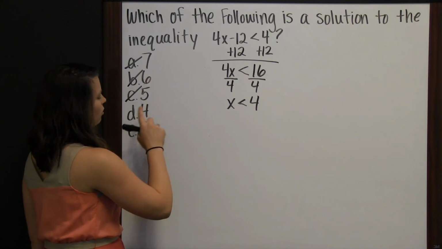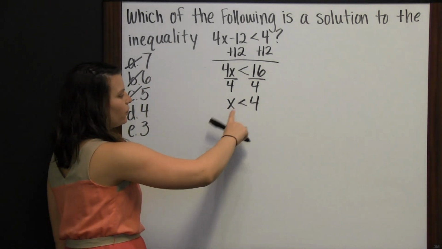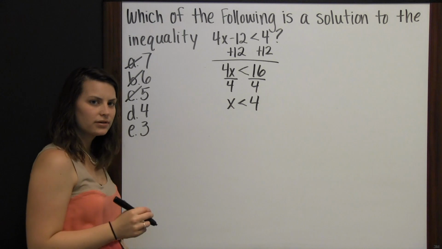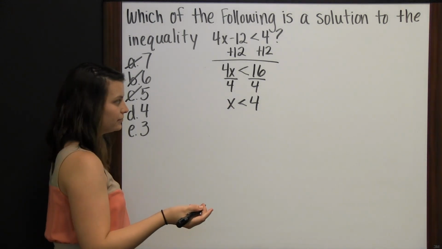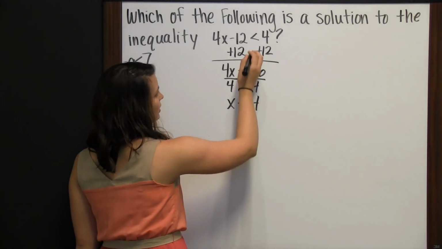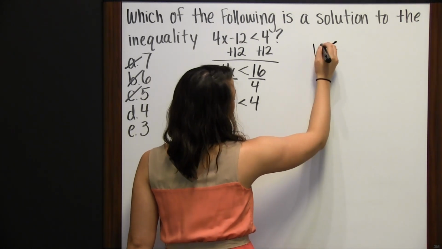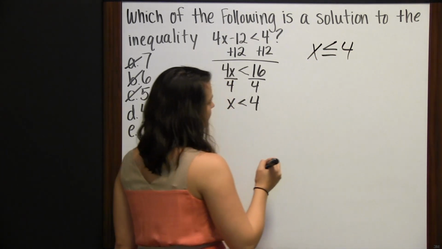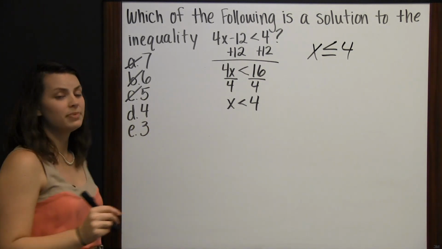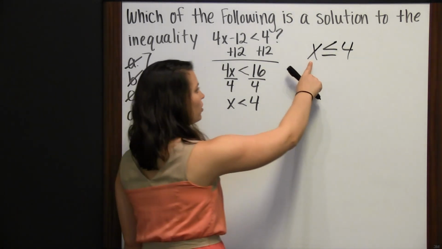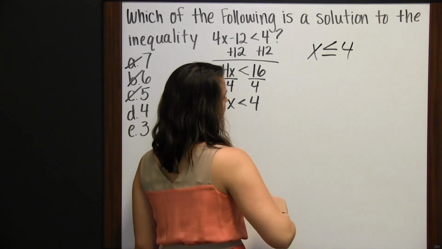No. What about 4? Is 4 less than 4? No. If this were a less than or equal to sign, if it said x is less than or equal to 4, then yes, 4 would be a solution because 4 is equal to 4.